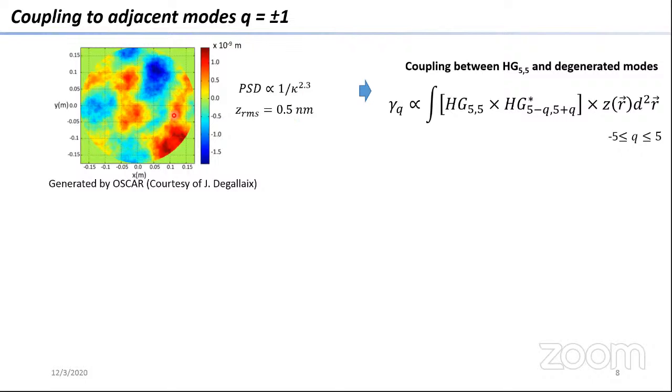Kappa here is the spatial frequency, and this is the law governing the real mirrors of Advanced Virgo. The coupling between the HG55 mode and a degenerate mode, indexed here by the value Q, is given by this integral.